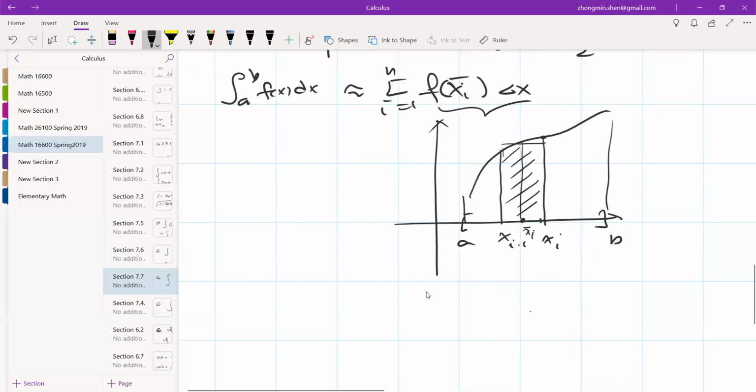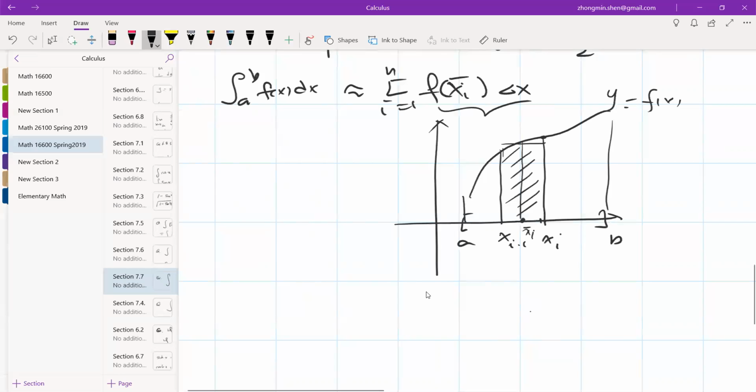And the geometric meaning of this integral is the area of the region under the graph y equals f of x. So the left hand side means the area of the region under the graph, but the right hand side is just the area of those rectangles.